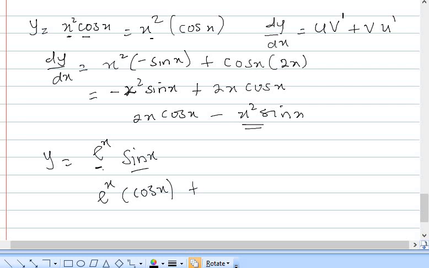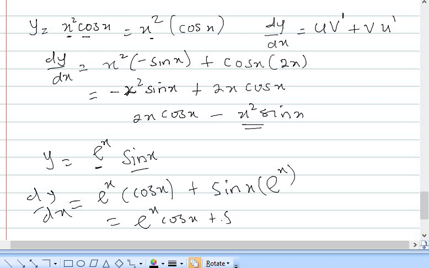Initially we took the exponent to be constant, but this time we take sin x to be constant, and then the differential of the exponent is just the exponent. So we will have dy by dx as exponential of x cos x plus exponential of x sin x. So this is how the product rule works.